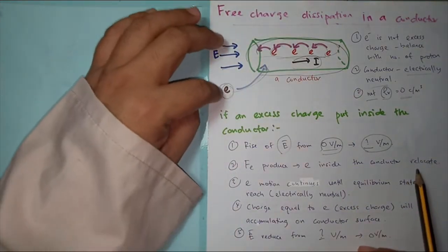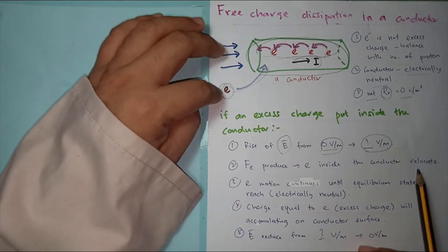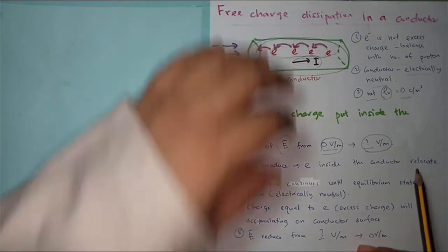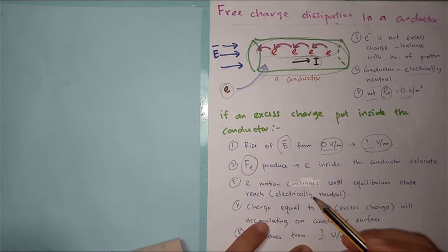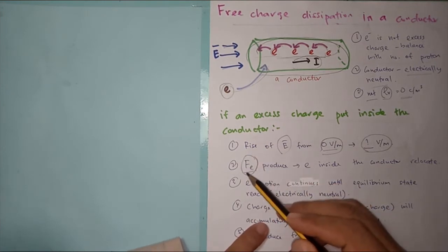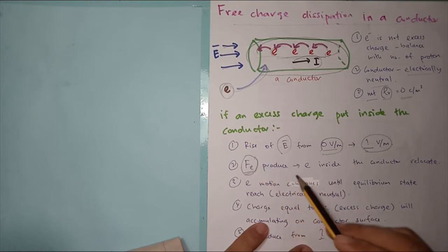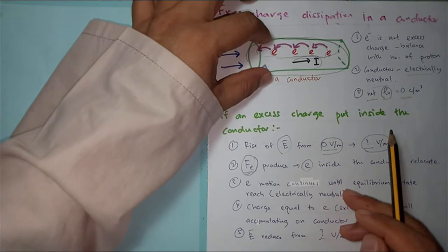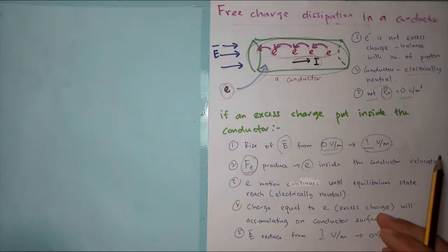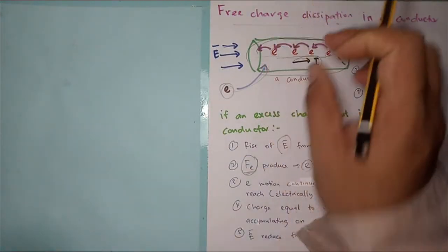Because of the existence of the external electron inside this conductor, it will induce what we call an electrical force. And this electrical force, or Fe, will make the electrons inside this conductor be relocated from one point to another.